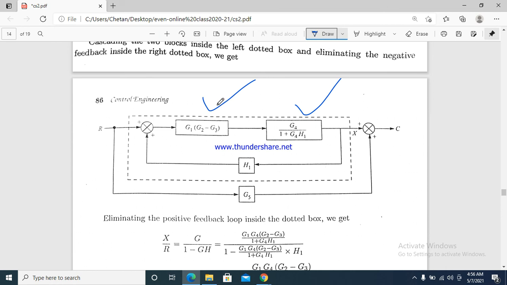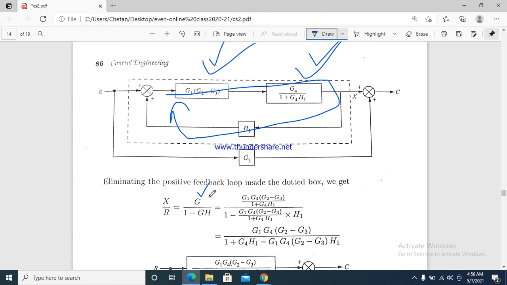In this diagram, you multiply this element with this element. Then after this multiplied result, you have one feedback element. Use this formula, G divided by 1 minus G into H, and you will get this simplified answer.